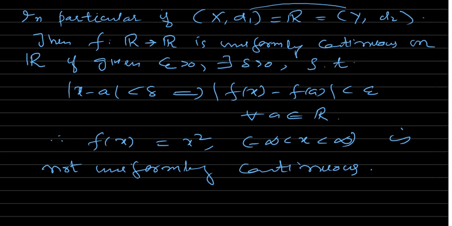But it's continuous, okay? Continuous but not uniformly continuous. So one thing is clear: every function which is uniformly continuous is obviously continuous. That is an exercise for you.